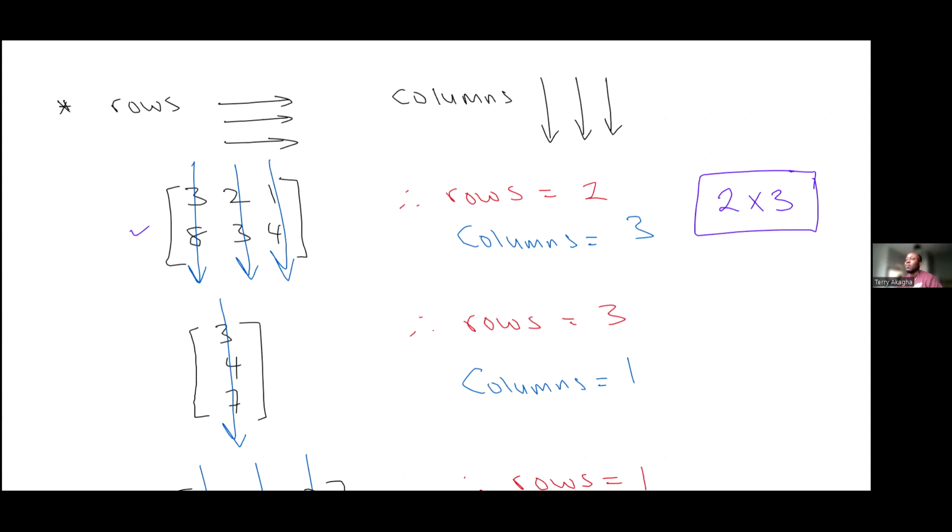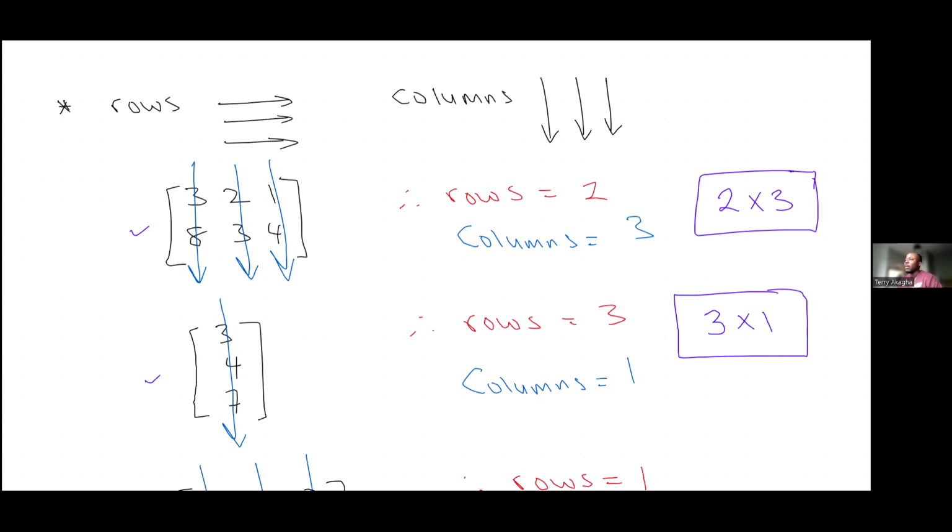In this other example, what do you think it should be? Remember, the rows must come first. So this is going to be a 3 by 1 matrix. A 3 by 1 matrix means that the number of rows we have here is 3, and the number of columns we have here is 1.